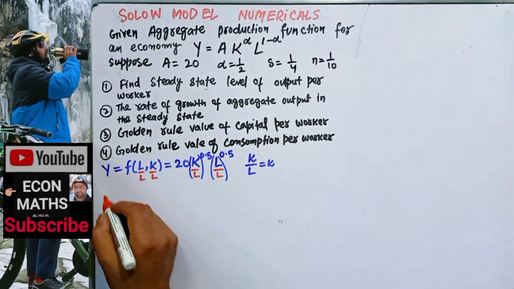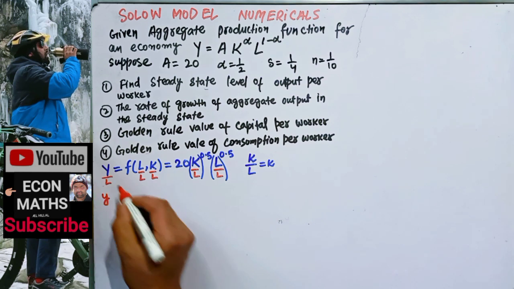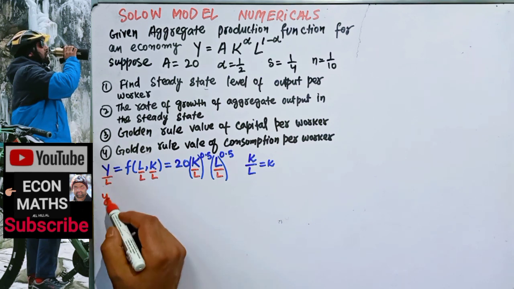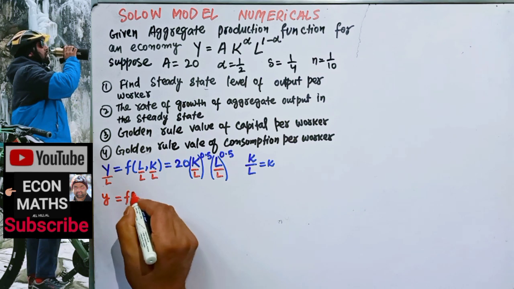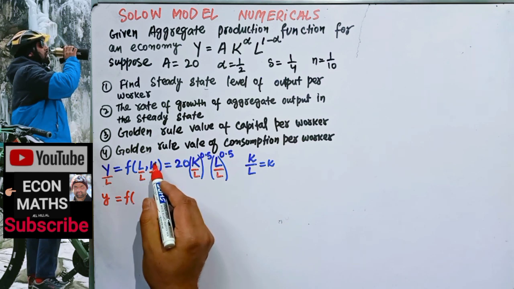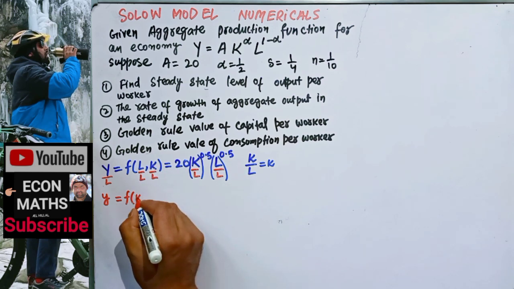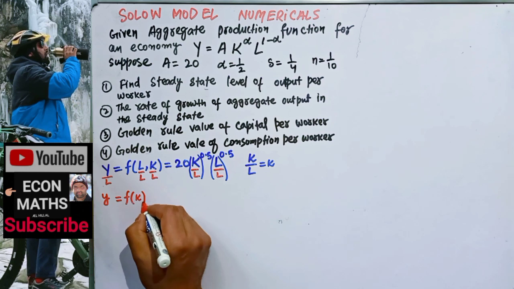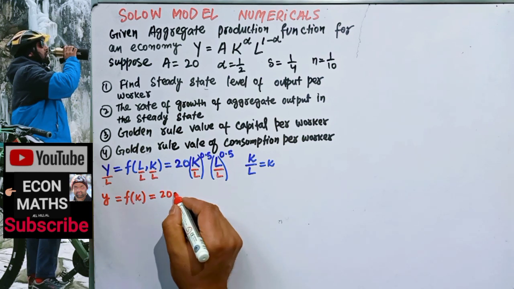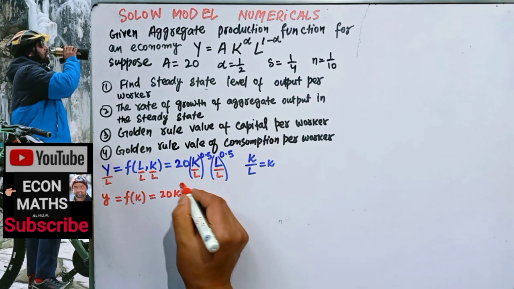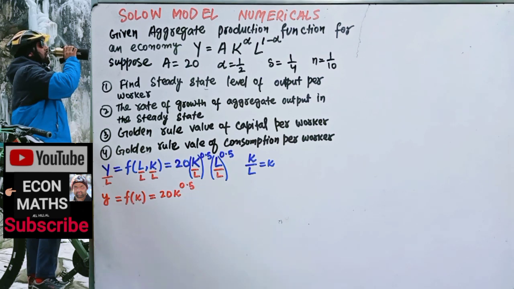So this denotes output per worker, y, is equal to F of, so L upon L is 1, so K upon L is small k. Output per worker is equal to 20 times small k raised to the power 0.5. So we have written the given production function in per worker form, that is in intensive form.